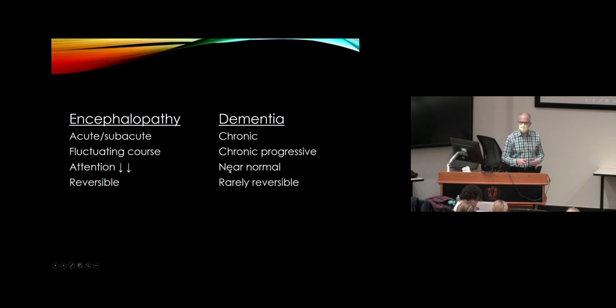These patients may have really great poverty of information from their dementia, but they're wide awake appearing. Superficially, someone, even with an advanced dementia, can appear normal. They're friendly, they're socially interactive, that kind of thing. So the level of attention here is a big distinguishing feature between these two. And of course, with encephalopathy, once the drug overdose resolves, once you treat the infection, the patient's back to normal. Whereas, as we'll see, there are very few things in the dementia category that are reversible.